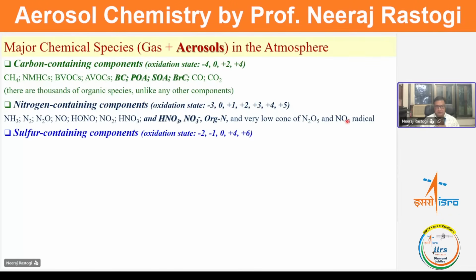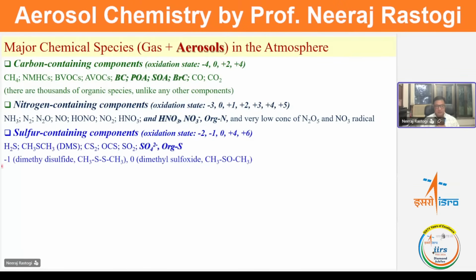Then you can have sulfur-containing compounds with the oxidation state varying from -2 to +6. Examples are hydrogen sulfide, dimethyl sulfide, carbon disulfide, OCS, SO2, sulfate, and organic sulfur. As I told you earlier, wherever I am putting it in bold, they are aerosols. Then you can have dimethyl disulfide or dimethyl sulfoxide and others.